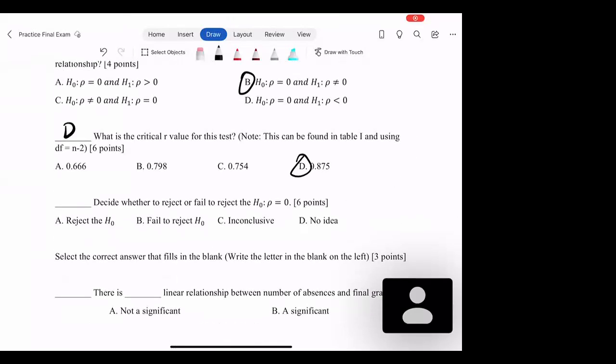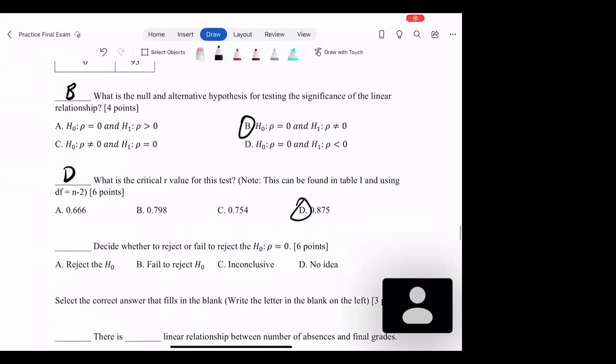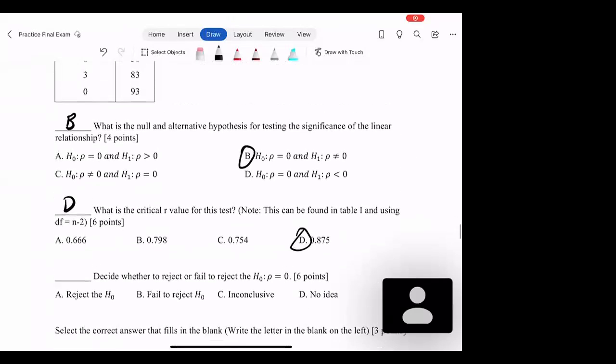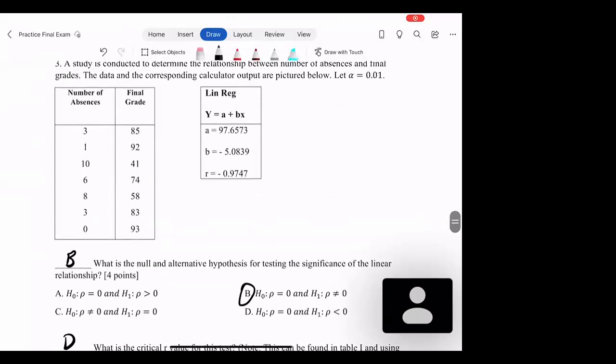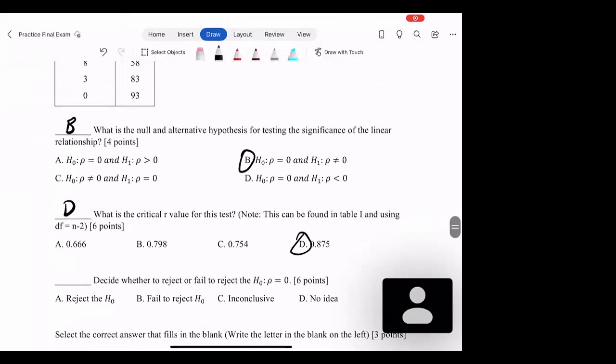Then decide whether you reject or fail to reject the null hypothesis that rho equals 0. So I give you the value of the sample correlation coefficient in the calculator output. Take the absolute value of that. What do you get? It's not a trick question. Just take the negative off. 0.9747. Is 0.9747 greater than 0.875?